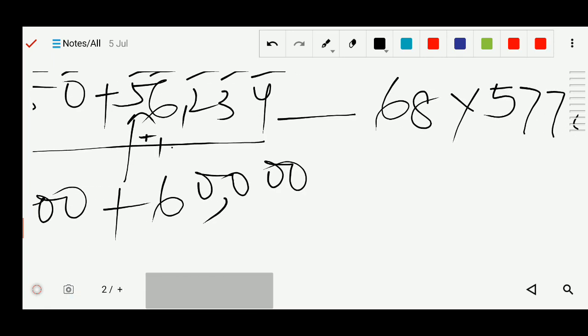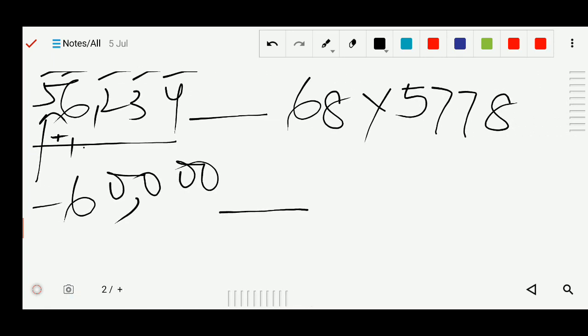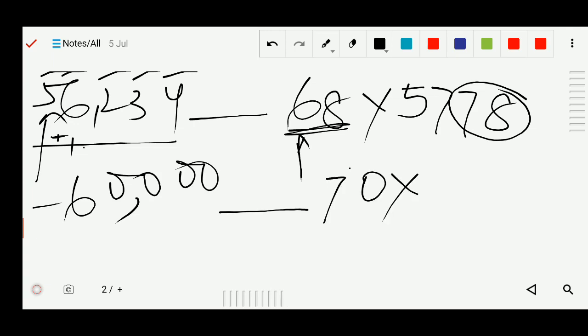Now same here, the blank is 68. Here the minimum is 68, so we will round to the nearest 100, so you will get 70, and here you will get 5,780.